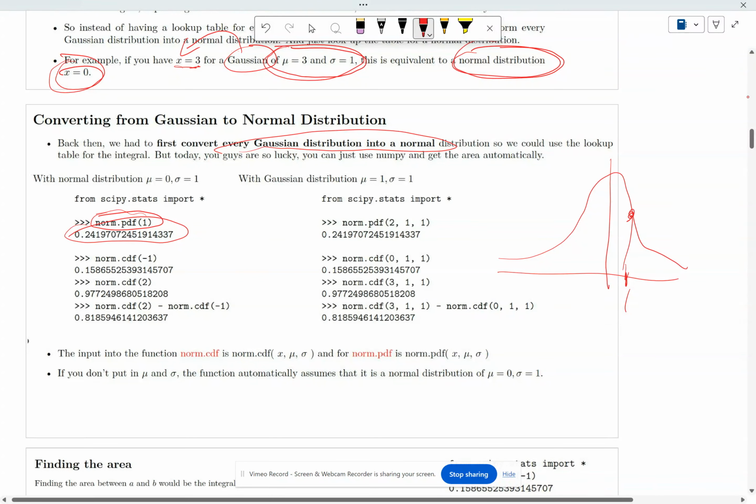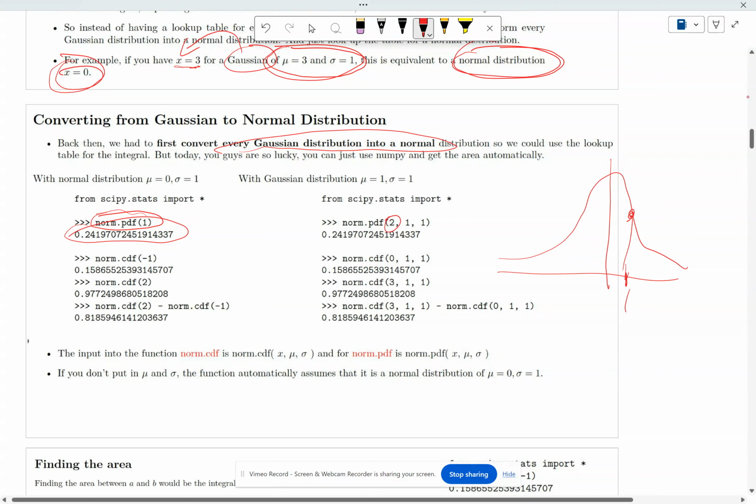Now notice, if we have a different distribution, where mu is equal to 1 and sigma is equal to 1, we can put the mu and the sigma in conjunction with a value. So let's say you want to find the PDF at 2.